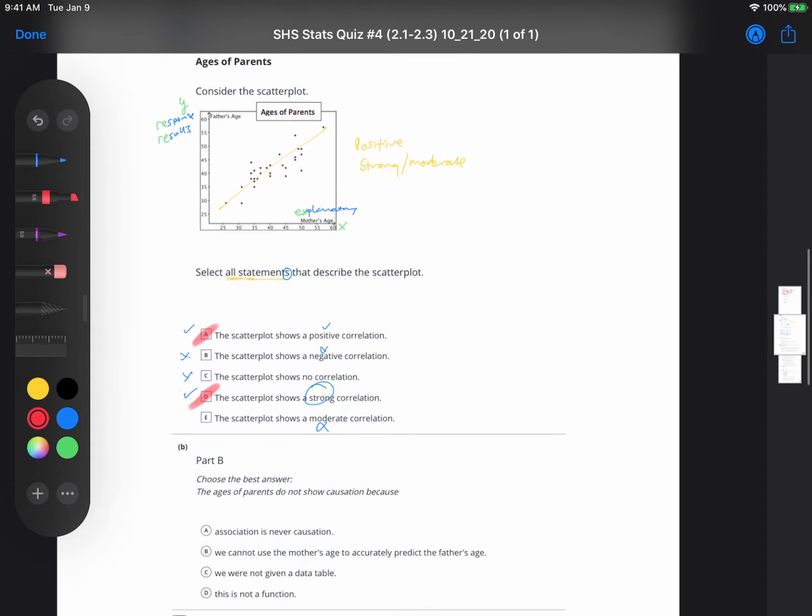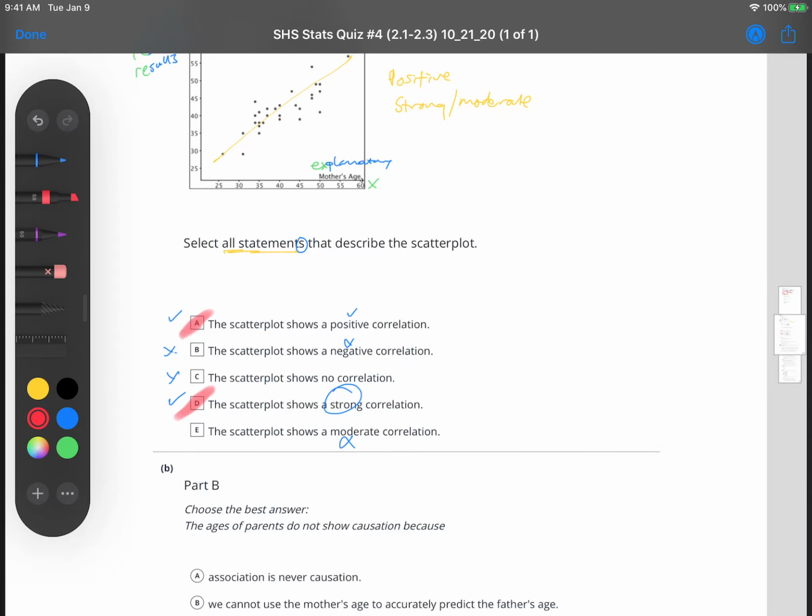Okay, same graph about the parents. Choose the best answer. So this is only one answer. The ages of parents do not show causation. So the question is, does the X cause the Y, or does the Y cause the X?